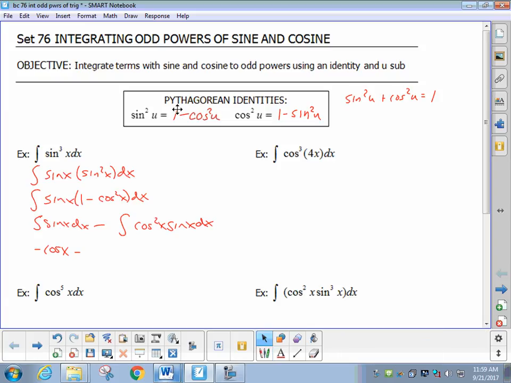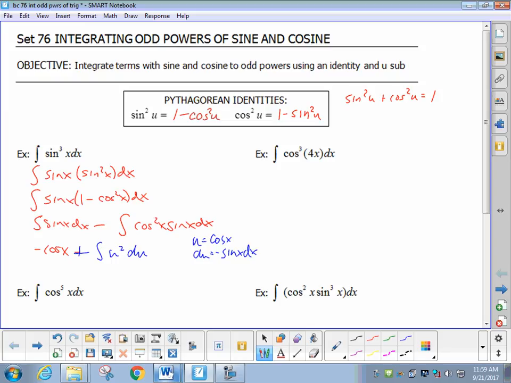So now, as Cece already started us off, we're going to let u equal cosine and du be negative sine. So with that substitution, I guess I'm going to borrow that negative and call it plus u squared du. Do you see where we're coming from, or do you agree? Yeah.